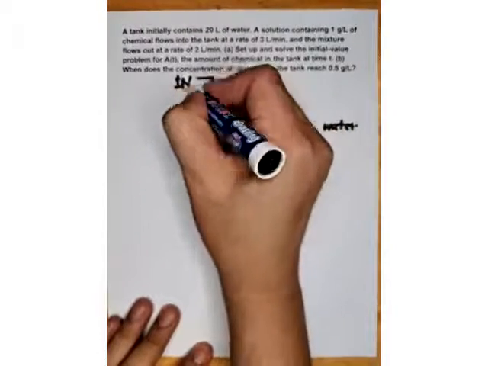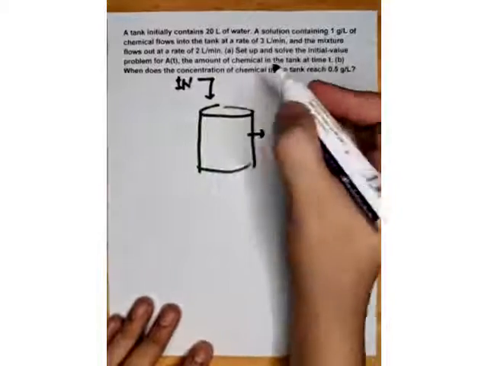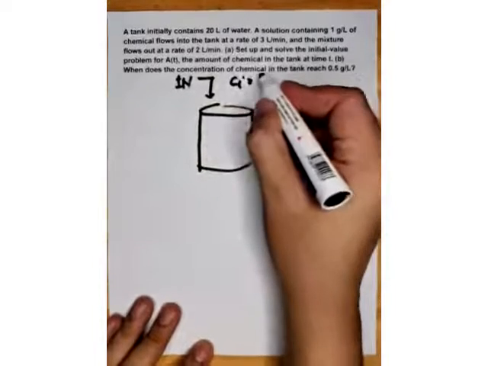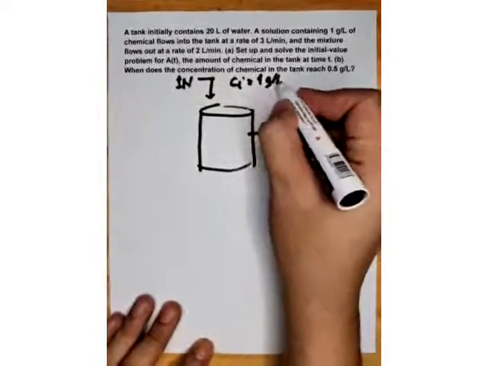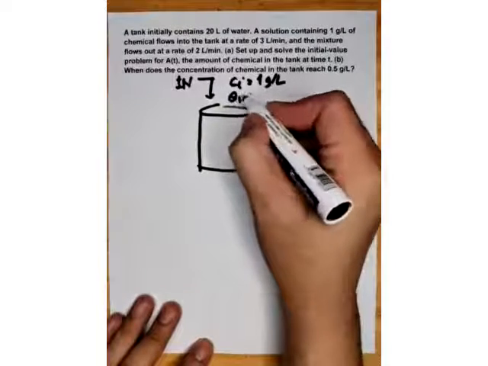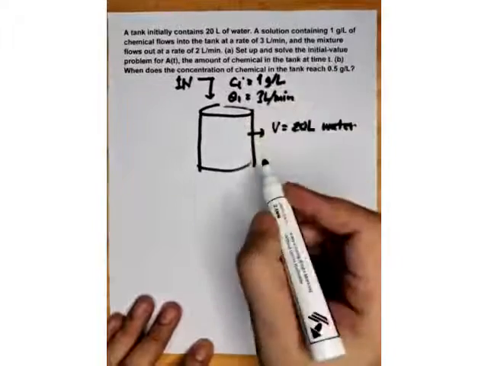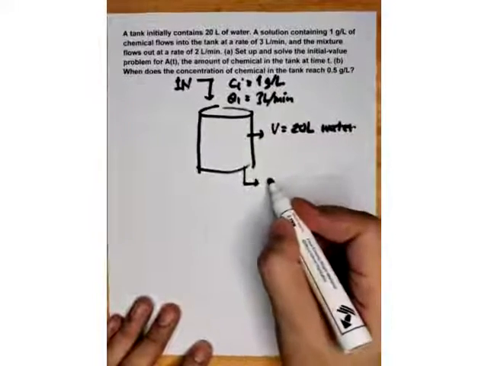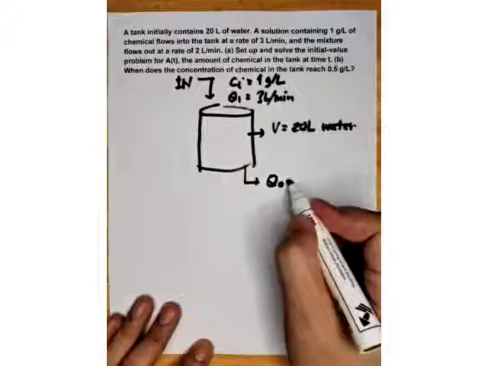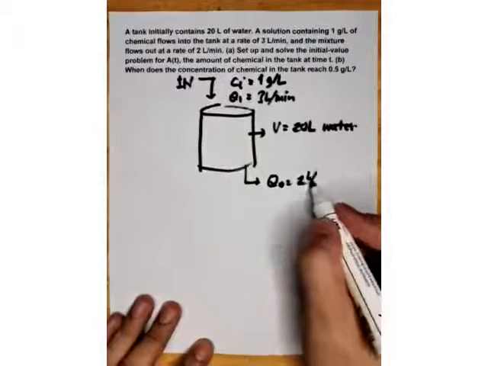So ang ating concentration ay 1 gram per liter, and then pumapasok siya at a rate of 3 liters per minute. Okay, and then the solution flows out at 2 liters per minute.